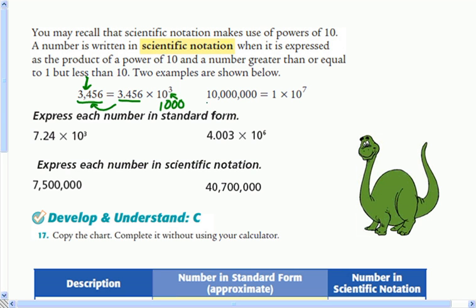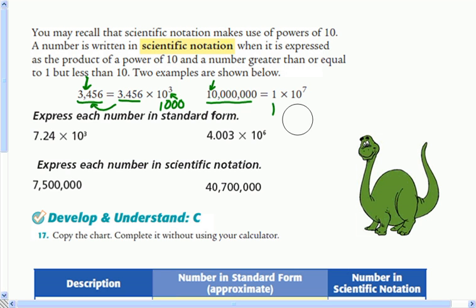So the number 10 million, again, we want to write this using a number that's greater than or equal to 1 but less than 10. So we're going to put the decimal right between the 1 and the 0. So it's really 1.0000. But when all there are zeros, those aren't necessary.